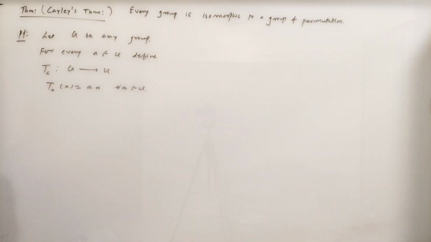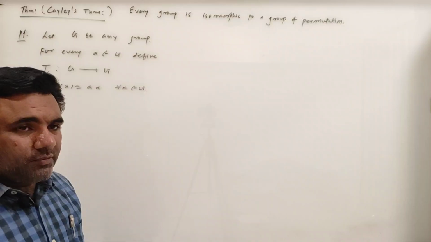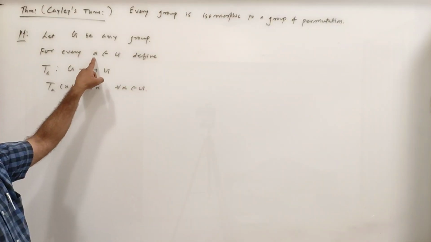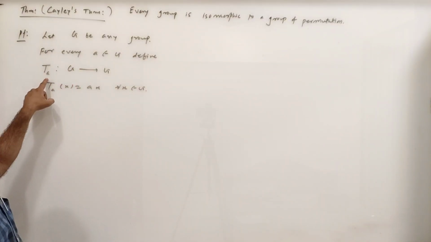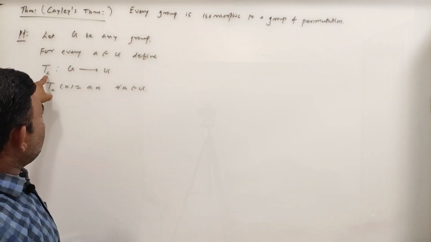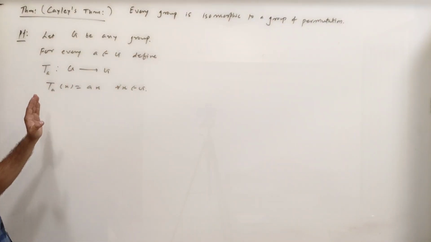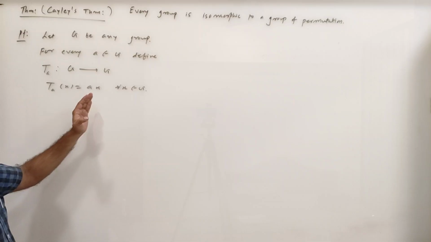G is a group. You take any element from G, and corresponding to that element A, you define this map TA. I write the suffix A because I am defining this map for A. So TA is from G to G and it is defined like this: TA at X is equal to AX.